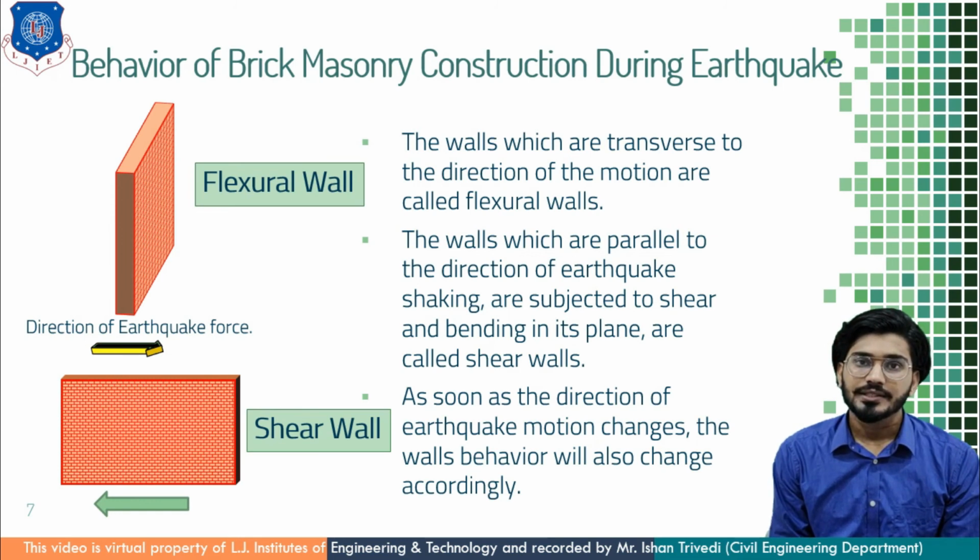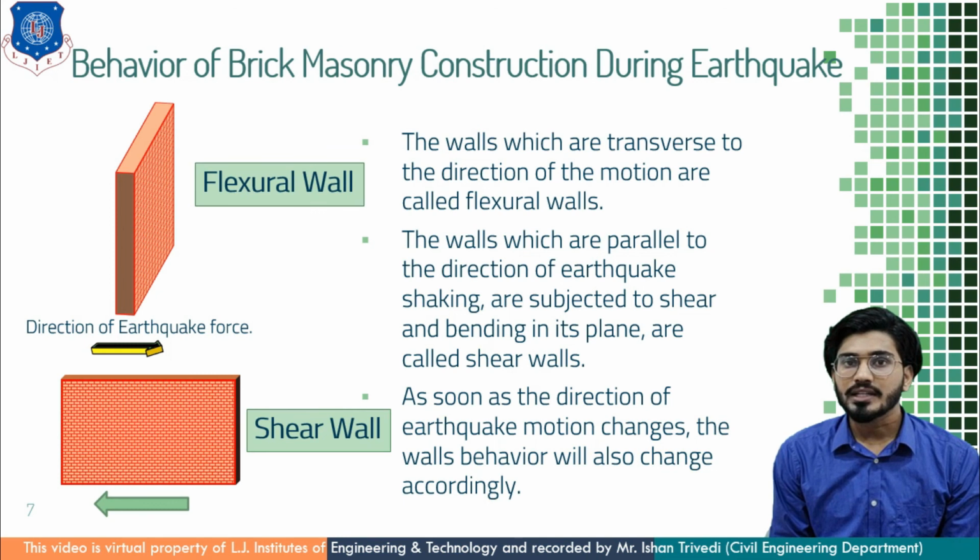As soon as the direction of the earthquake force changes, simultaneously the flexural wall becomes a shear wall and the shear wall becomes a flexural wall, and this happens instantaneously. It is like a circle. First there is a shear wall, then the direction of earthquake motion changes, and this shear wall now acts as a flexural wall.